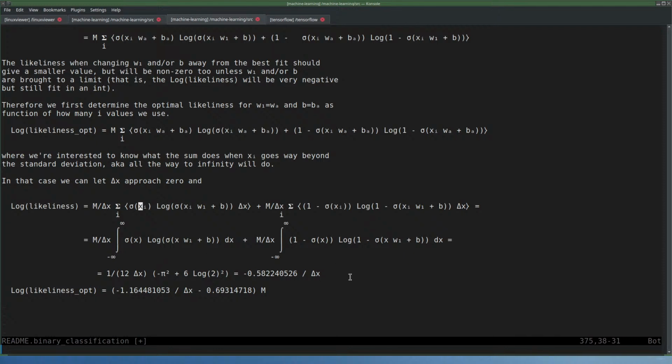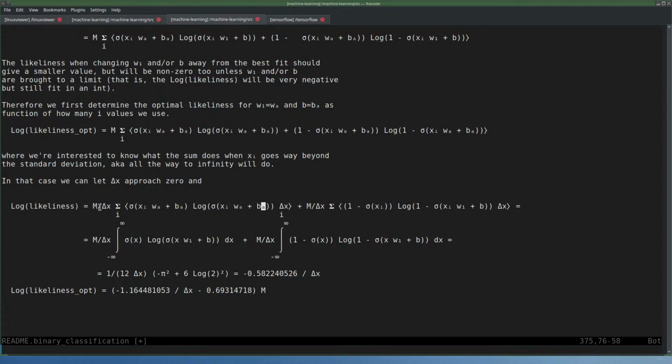Let me work this out. Just fill this in, I think. This should be that. And this too. What I do here is I divide, so we have the m in front of it. Now I divide by delta x, which is a constant in terms of i, before the sigma, and I multiply it inside, so that doesn't do anything.